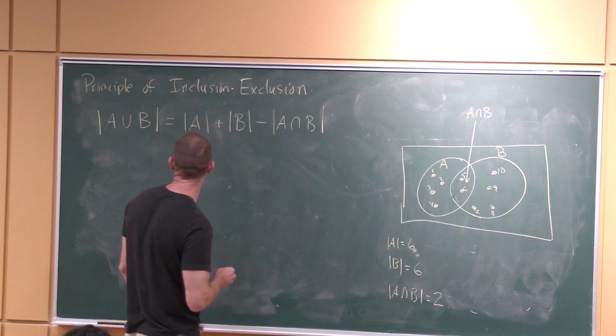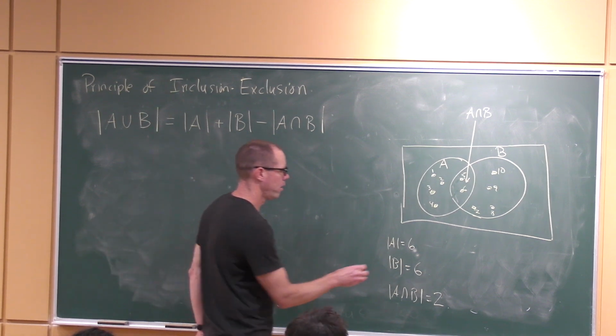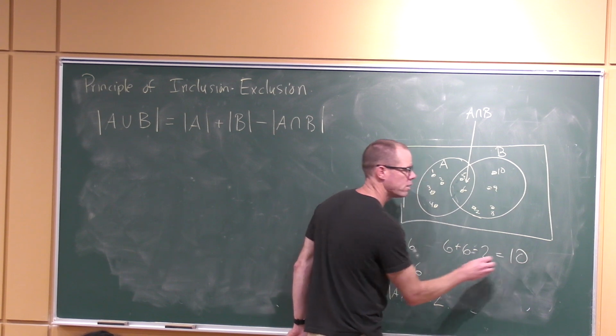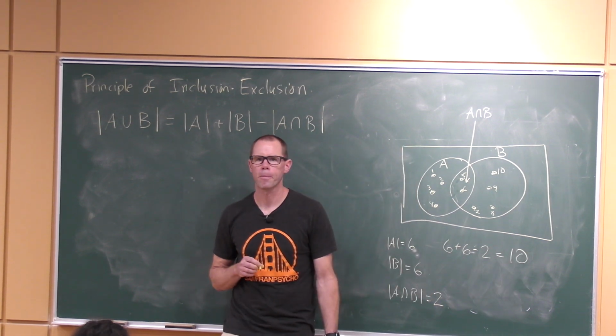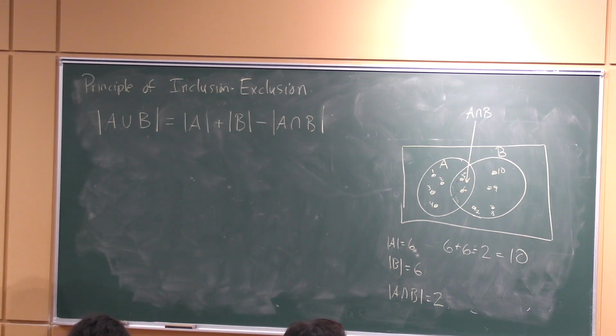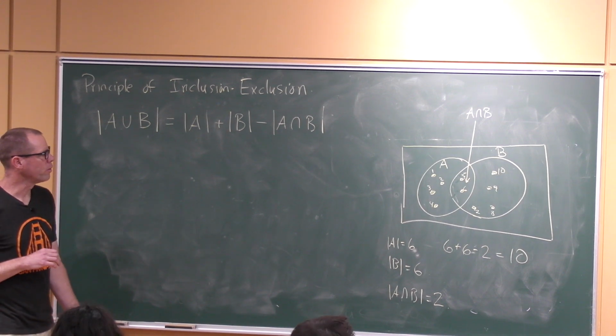And now indeed, if we apply this formula, 6 plus 6 minus 2 is indeed equal to 10. Okay. So that's the basic principle of inclusion-exclusion.